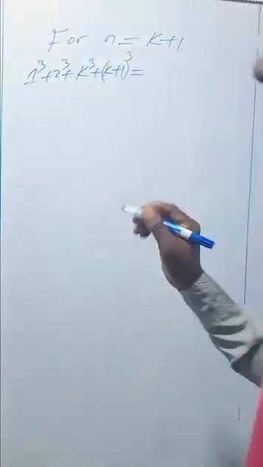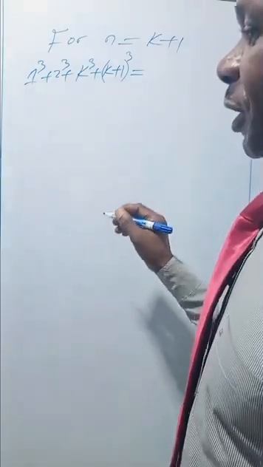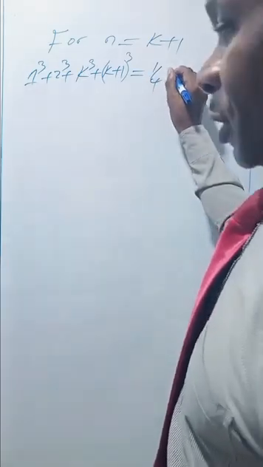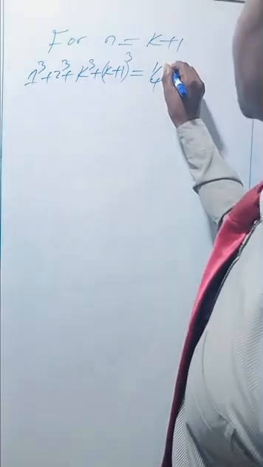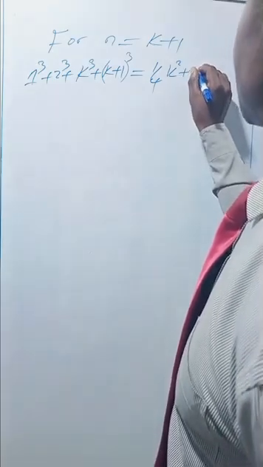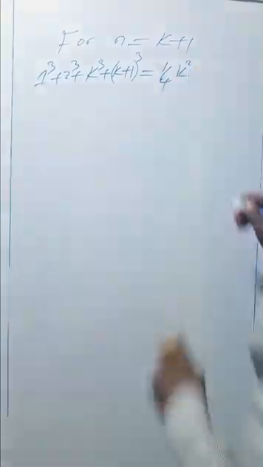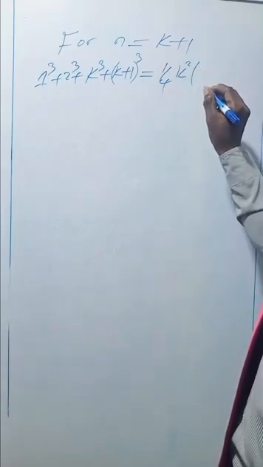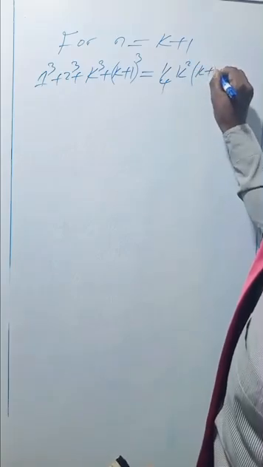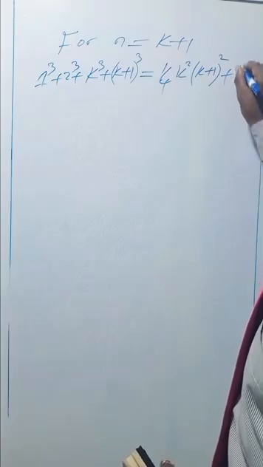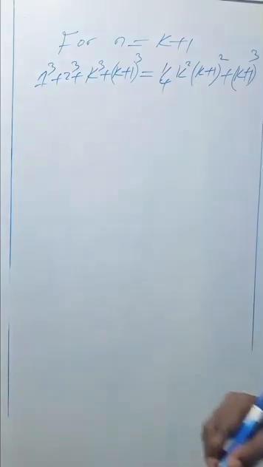Then we add the same term on the right-hand side. So on the right-hand side, we will have 1 over 4, then k squared, then k plus 1 squared, then plus k plus 1 cubed.